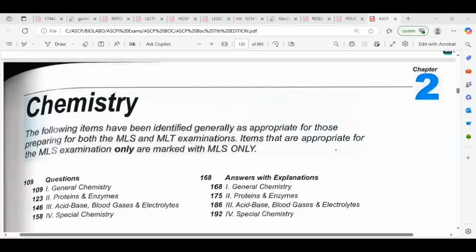Okay, let me try to share this screen so that we can start. Okay, I think this one is okay. Okay, all right. I hope you can see what I'm sharing.